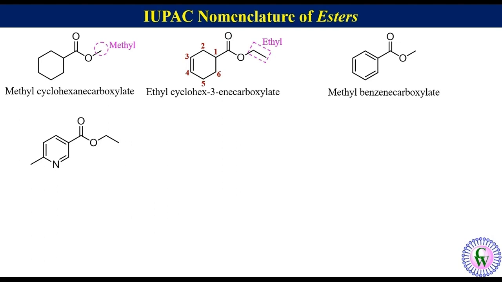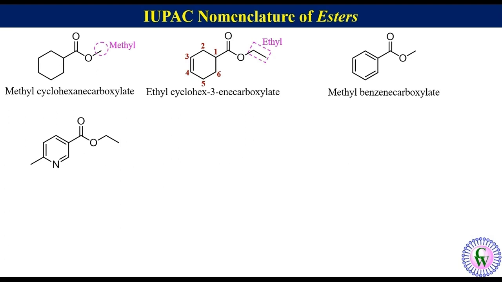6-methyl nicotinic acid ethyl ester. Here the aromatic ring is pyridine. In a heterocyclic system, numbering starts from the heteroatom and follows the direction giving lower number to the carbon bearing ester.